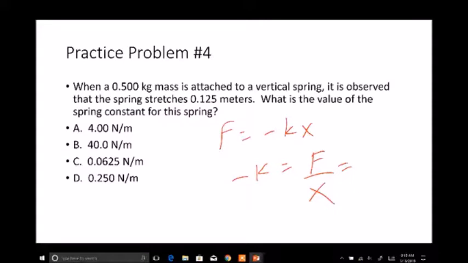So 0.5 times 10, we end up with 5 newtons. Over the displacement, which is 0.125, but it's 0.125 down, so it's going to be negative 0.125 meters. We divide that out, and we end up with 40 newtons per meter. So our answer on practice problem 4 should be B.